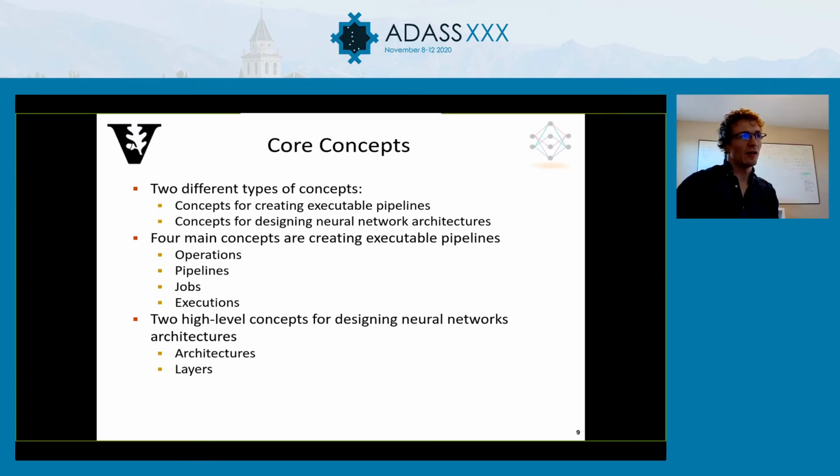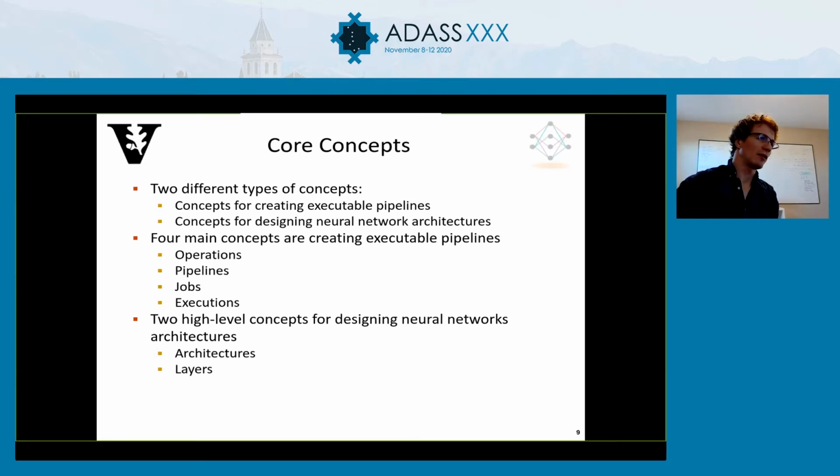We saw these in the previous slide, where there was a pipeline composed of operations, which when we run, takes a snapshot of it, which becomes an execution, which is much like an instance. It's a snapshot that is composed of jobs. Now these jobs correspond to each operation, but they have additional runtime information like plots that were produced when they were executed, or standard out logs and things like that.